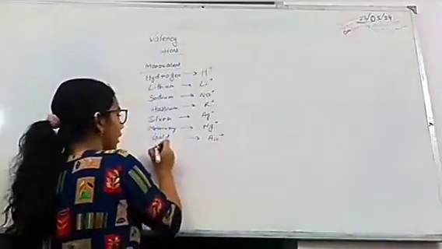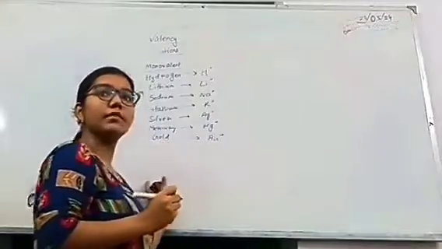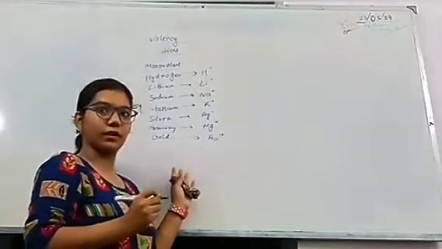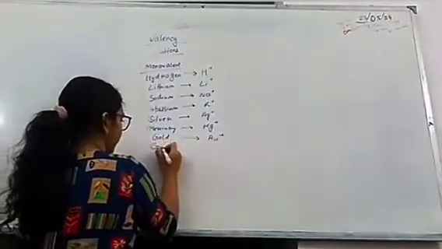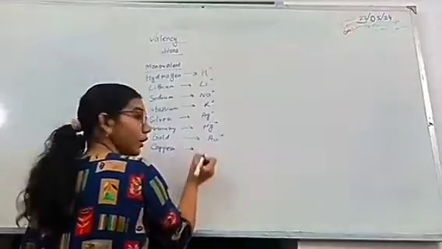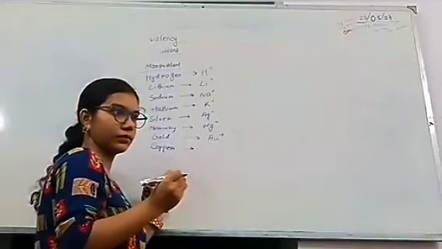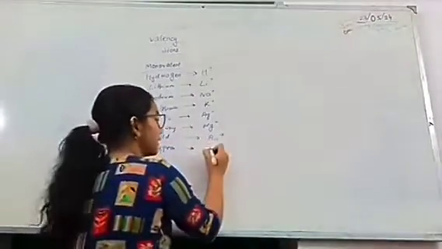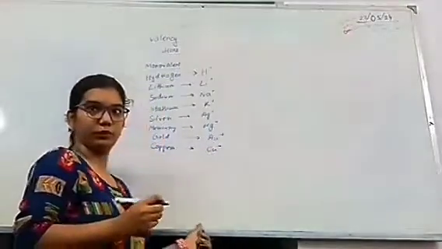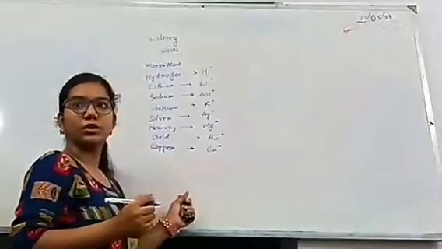Then there are the variable valencies. That means copper may have 2 plus as well as plus 1. So copper 1 is Cu plus, and copper 2 is Cu 2 plus. Which copper you use will be mentioned over there. Copper 1 and copper 2, gold 1 and gold 3.